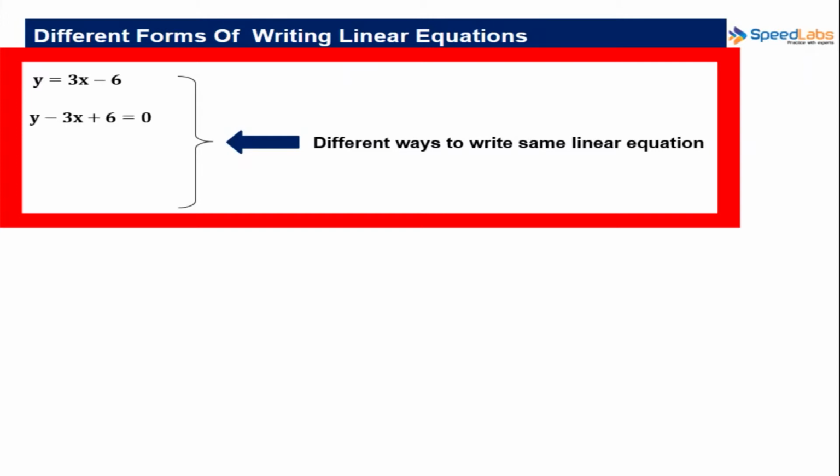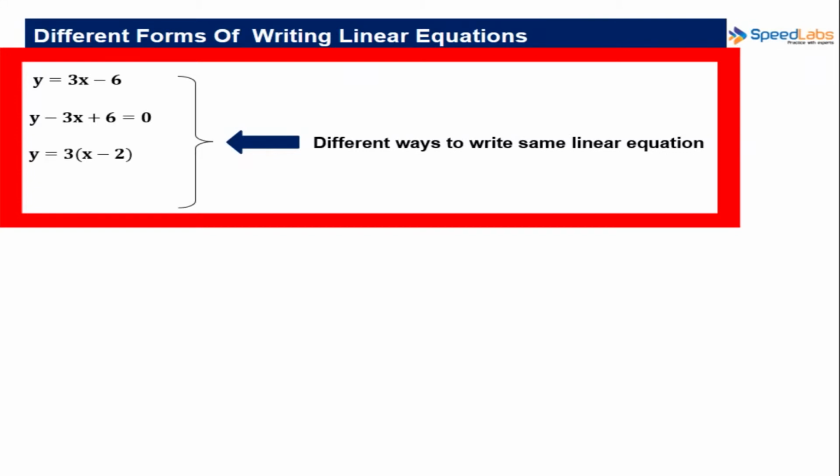If you transfer 3x to the left hand side, it becomes minus 3x. If you transfer this minus 6, it becomes plus 6. So effectively both the equations are the same. These are not different equations because we are just doing simple transformations.